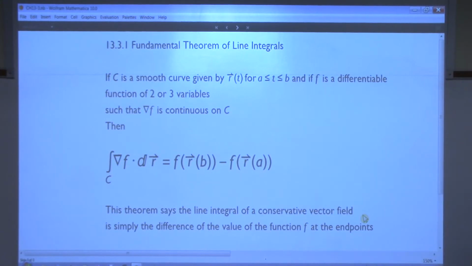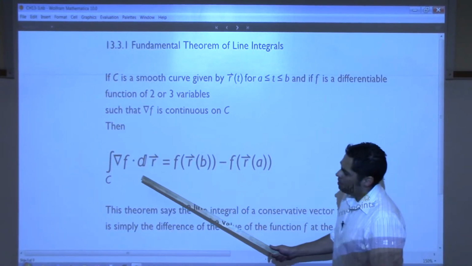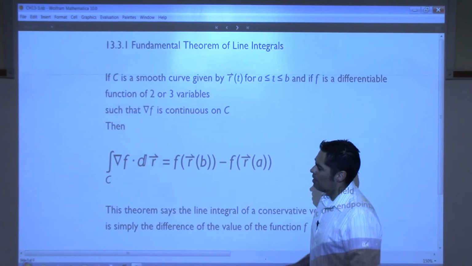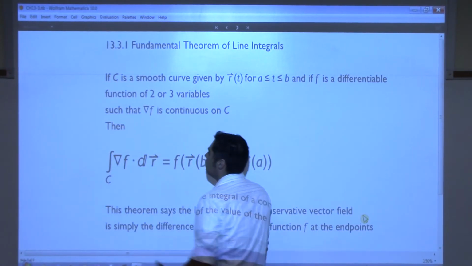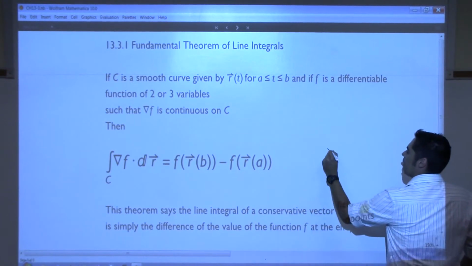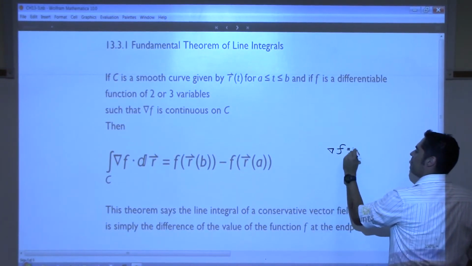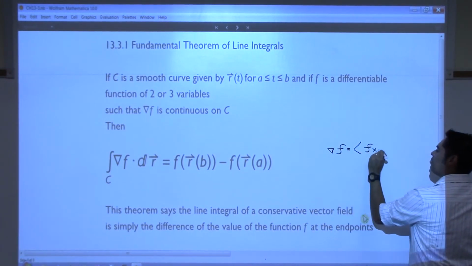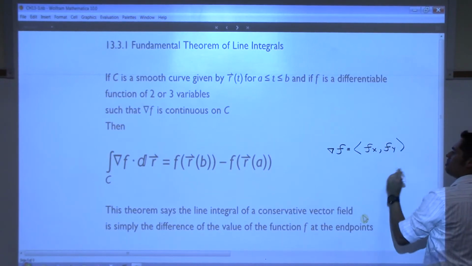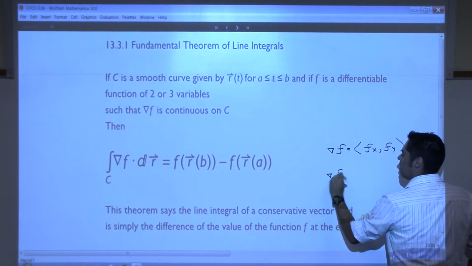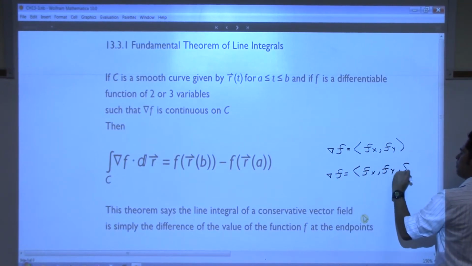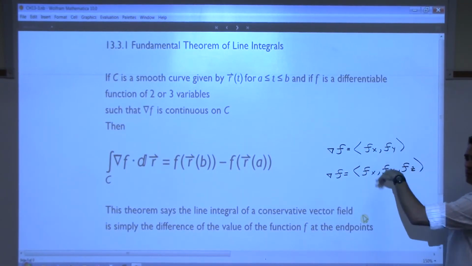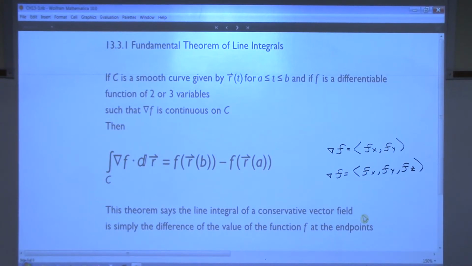If that's true, then check this out. The line integral of the gradient of f. Now that's a vector, right? And I'll remind you, the gradient of the scalar function f is going to be the partial of f with respect to x, then partial of f with respect to y, or it could be three-dimensional, depending on how many variables we're working with.